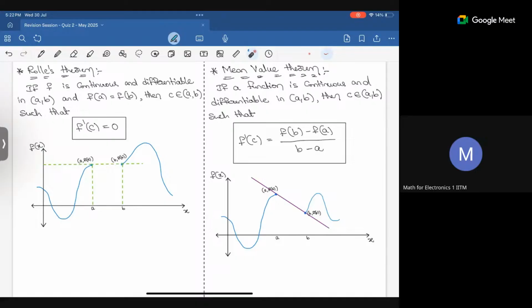Or you just tilt this such that this line becomes a straight line, then use Rolle's theorem. That is what it is saying.